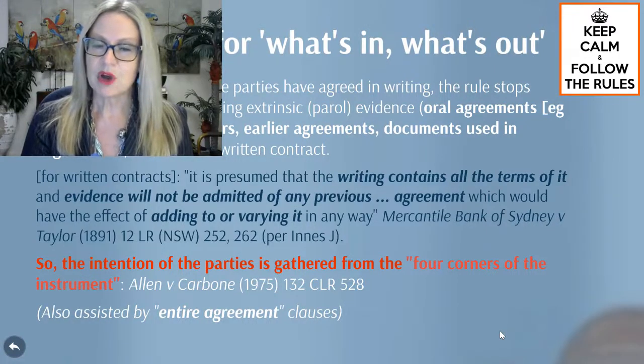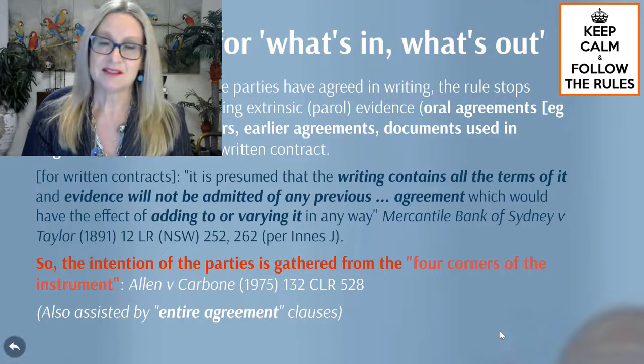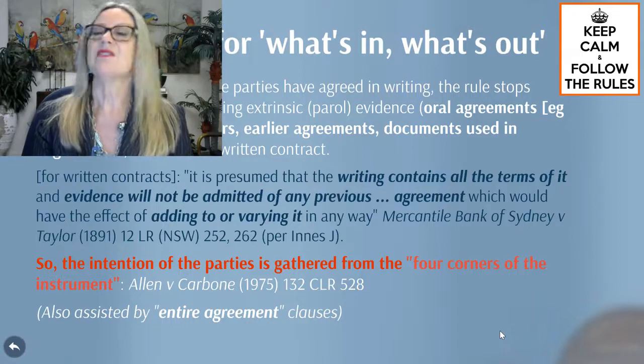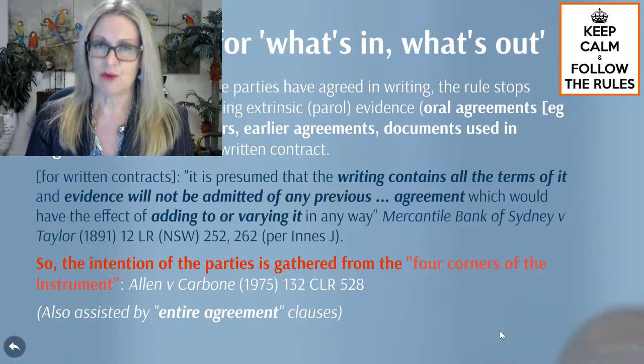They're sometimes called merger clauses. They're discussed in the text, so I'll leave you to have a little look at those. But they're just basically an express form of the parole evidence rule.